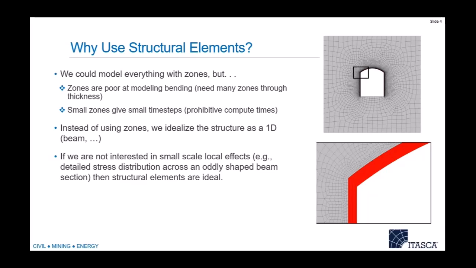If we're not interested in the small-scale local effects, like the stresses or forces that develop through the thickness of it, and we're more interested in the global aspect of the element, how it bends and deforms, then structural elements are an ideal substitute for this.